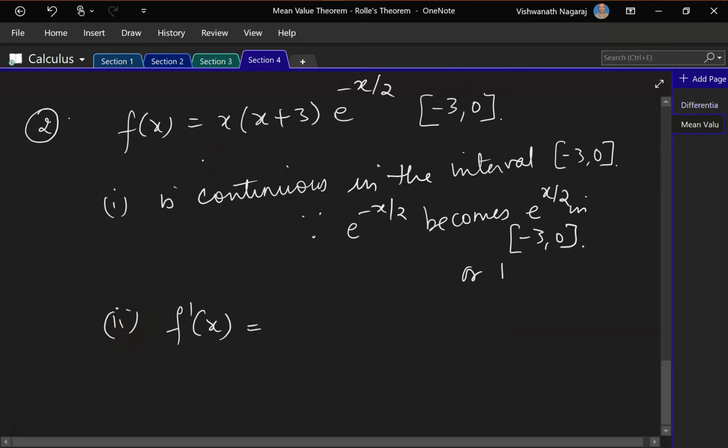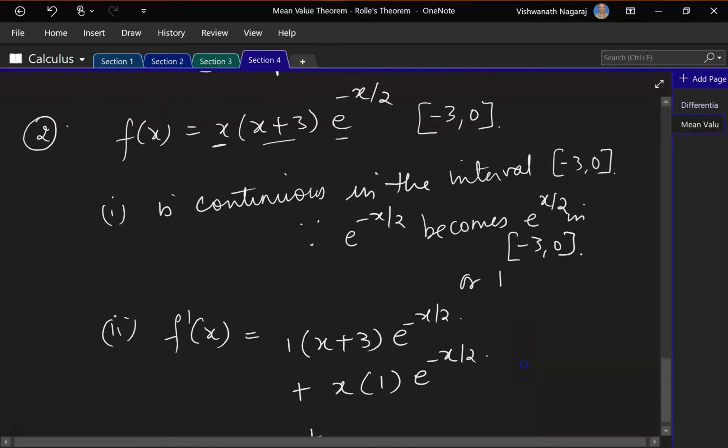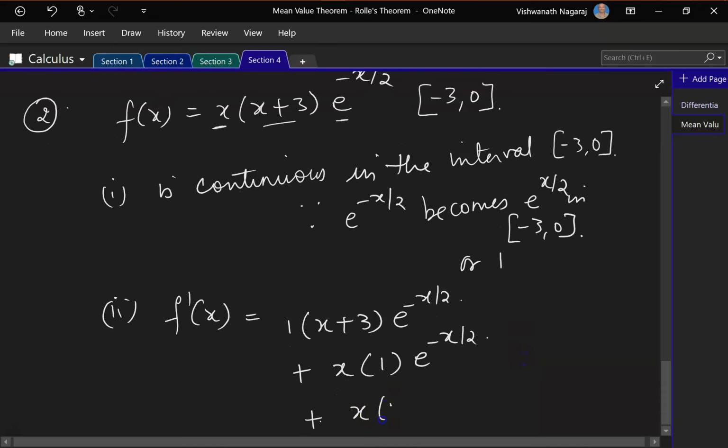Let's differentiate f of x. Now here you have three parts to it, so we need to apply the product rule. So let's differentiate x, rest remains as it is, plus, now x remains as it is, differentiate x plus 3, e to the power of minus x by 2 remains as it is. Then x times x plus 3 remains as it is, and we have to differentiate e to the power of minus x by 2.